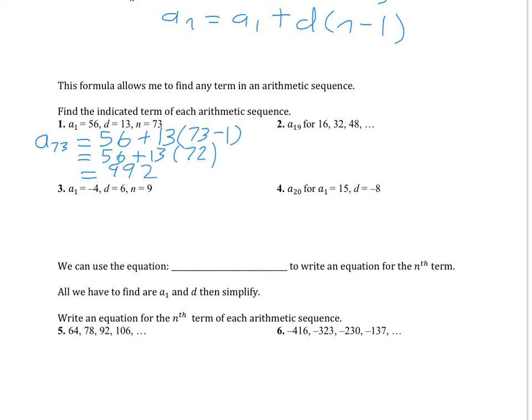Okay, for the next one, we're finding A19. Looks like A1 is 16. We have to do some math to figure out what D is. To find D, you always take the second number minus the first, once you're sure that it's arithmetic, and they tell us it's arithmetic in the directions. So for this problem, D is 16.